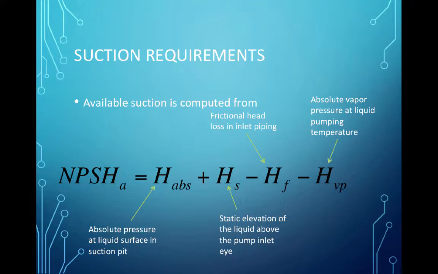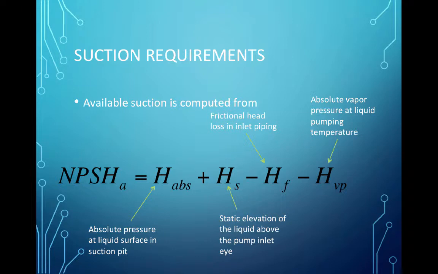So this version of the equation, as I've got it written here, assumes that the pump impeller is below the free surface of the liquid in the suction pit. Other literature and other authors do the opposite, and so the sign on this term will change. It should be context sensitive to you.